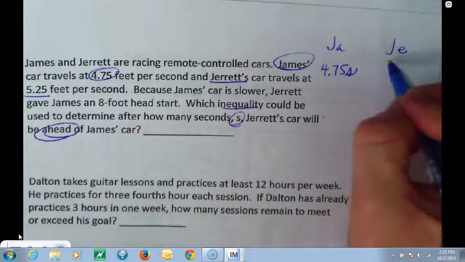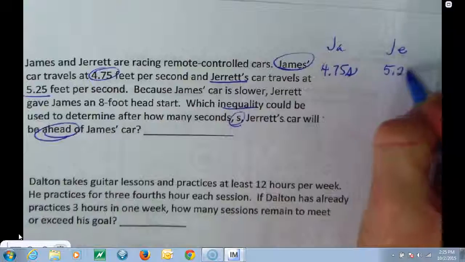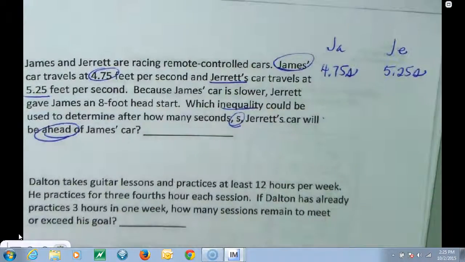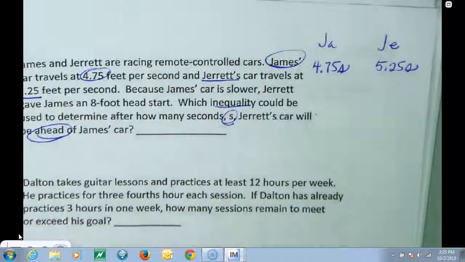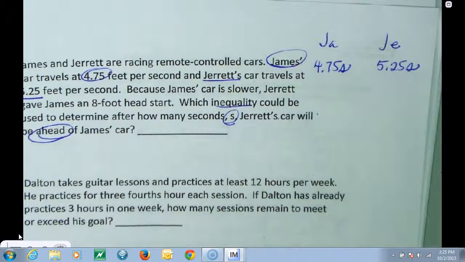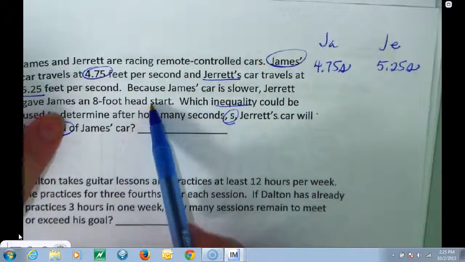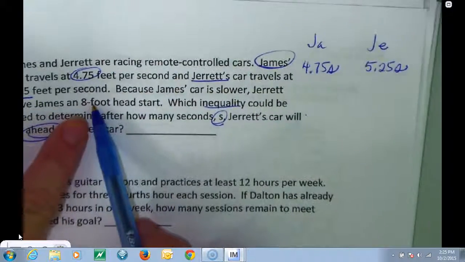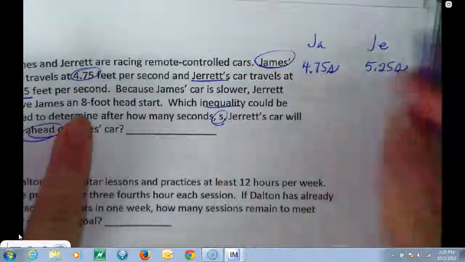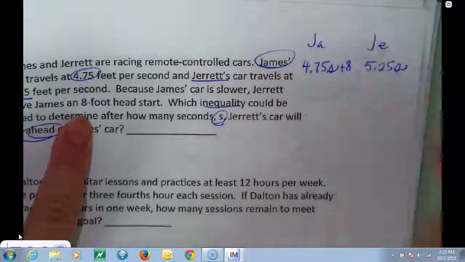And Jared's goes 5.25 times the seconds. Are they equal? No. Okay, so remember, Jared is giving James an 8-foot head start. So what do we need to do with the 8? Add it to James. Good job.